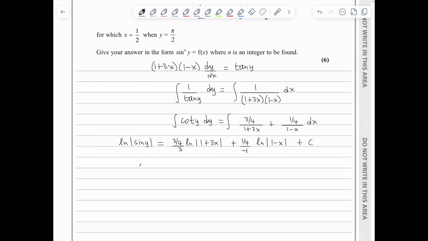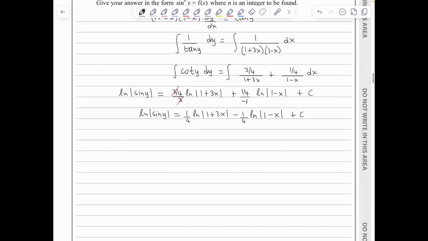So we're looking at ln of the absolute value of sine y being equal to 1/4 ln of (1 plus 3x), because I have cancelled out the 3 with the 3. And then we've got minus 1/4 ln of the absolute value of (1 minus x) plus c.